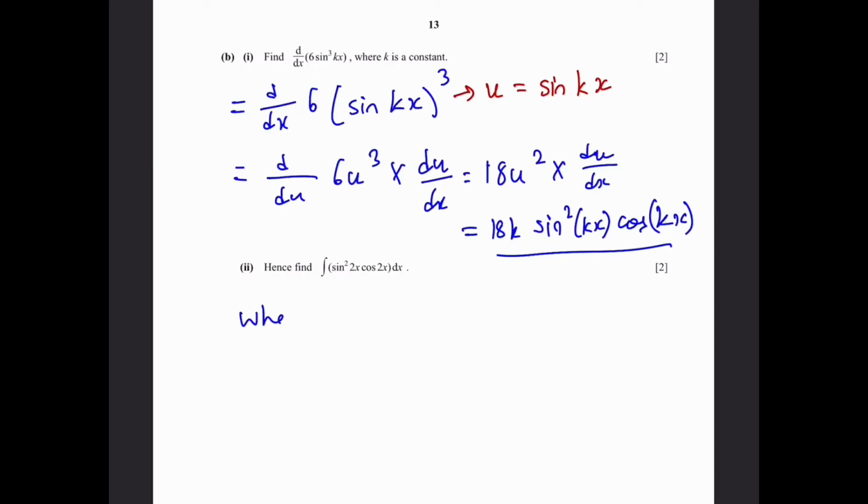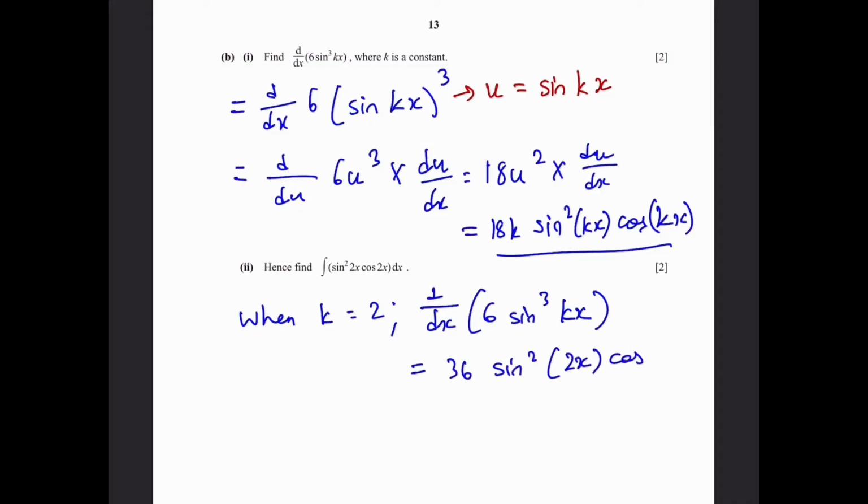So when k is equal to 2, this d by dx of 6 sine cubed of kx is going to be equal to 36 sine squared of 2x times cosine of 2x. And the integral we have here is everything here except we don't have this 36.